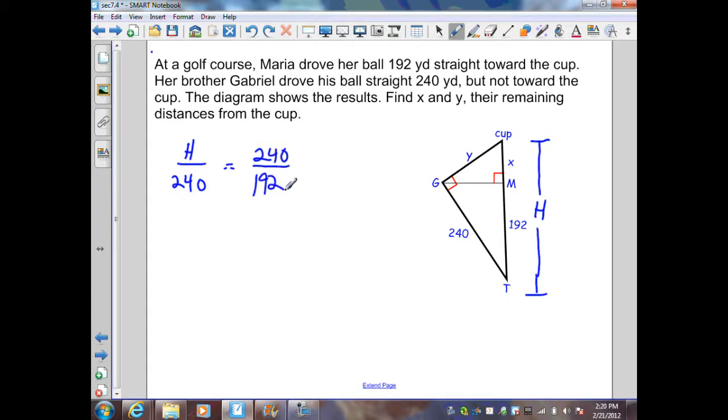Then I use the proportion by cross product and solve for h. Therefore, I get 192 times h equals 57,600. When I divide both sides by 192, I get h equal to 300 yards.